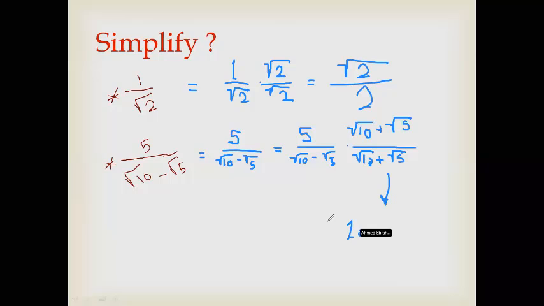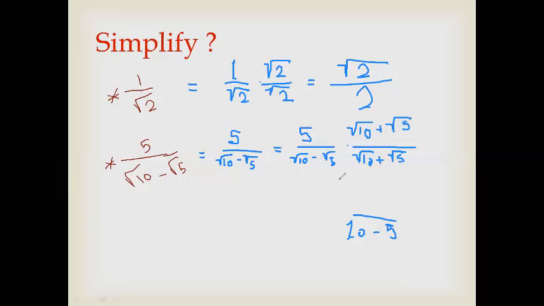Negative times positive equals negative, so root 5 times root 5, second by second, equals root 25, which is 5. So we will write 5. That was the denominator.